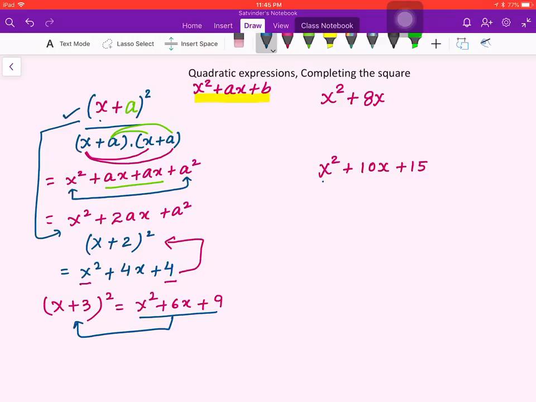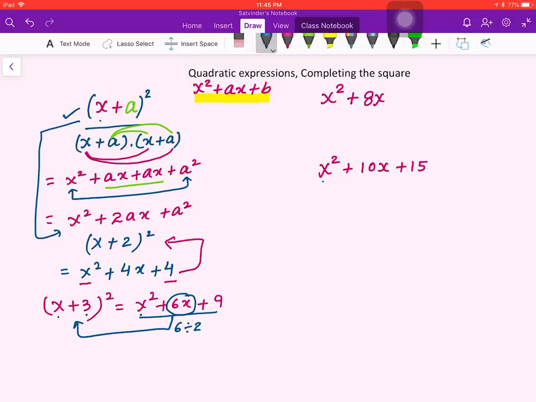You have to learn two things here. The first thing is x always has x squared. This 3 should be written as 3 squared, meaning 9, and in the middle you should have double of their product, which means the number in the middle, 6. If you divide 6 by 2, you get 3. That's how you will know what to write here.